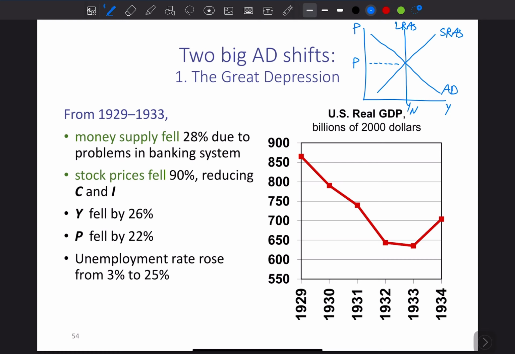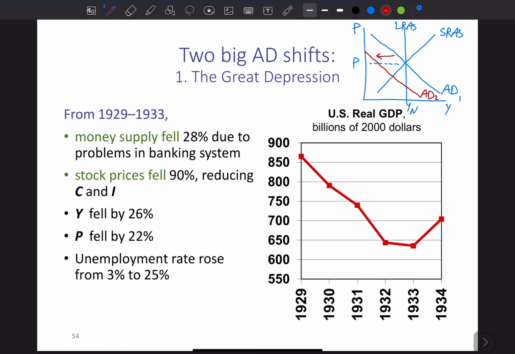But in 1929 to 1933, because of a problem in the banking system, money supply fell by 28%, affecting the aggregate demand. And the crash in the stock prices just pushed that shift in the aggregate demand further down, reducing the spending of the people at any given price.